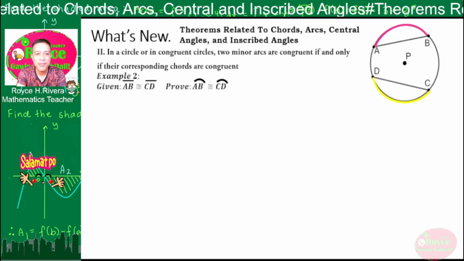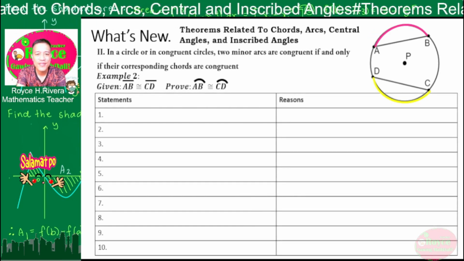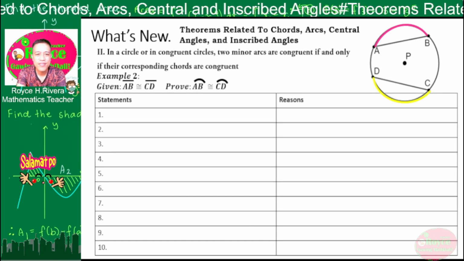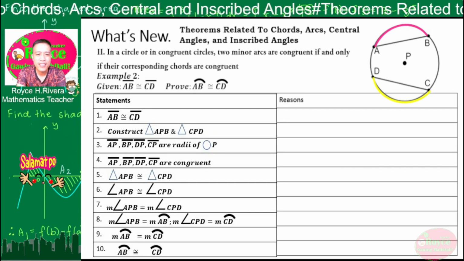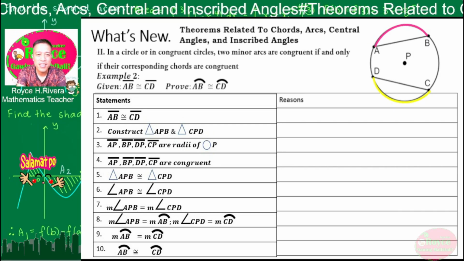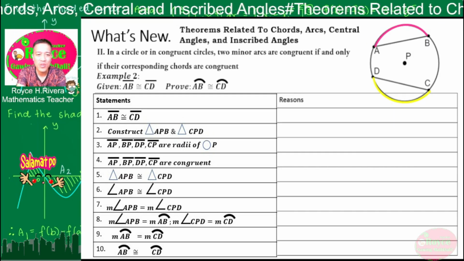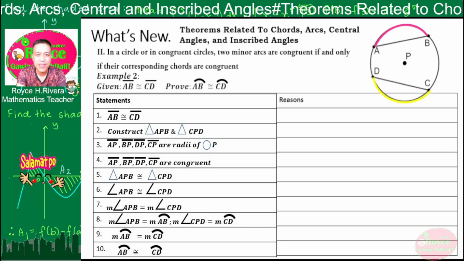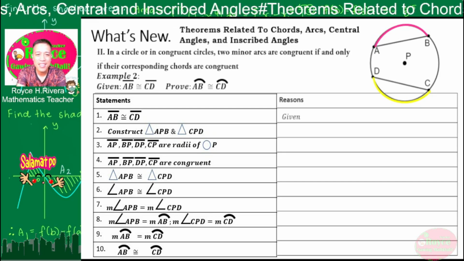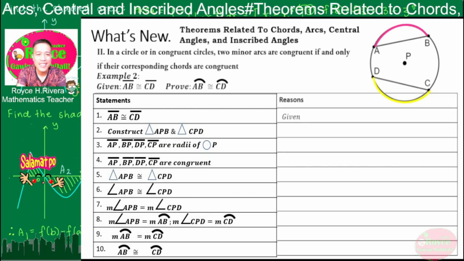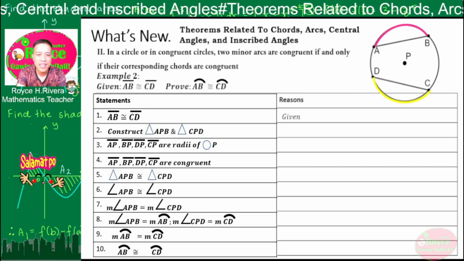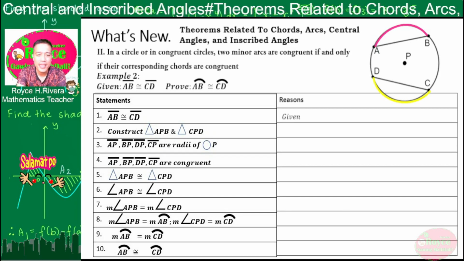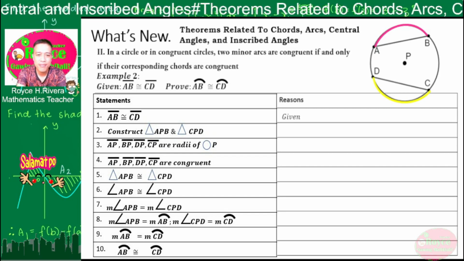Here are the statements. Statement number 1. Chord AB is congruent to chord CD. For the reason, that is given. Statement number 2. Construct triangles APB and CPD.